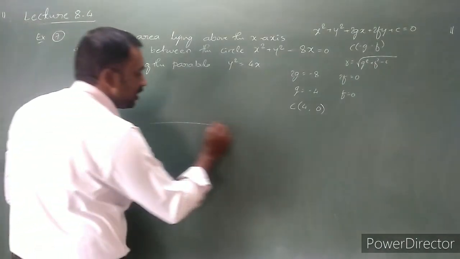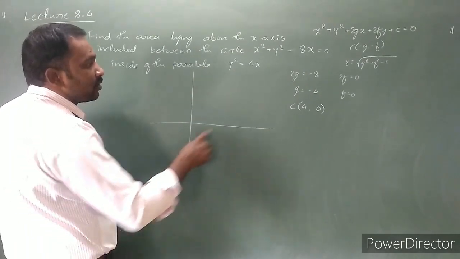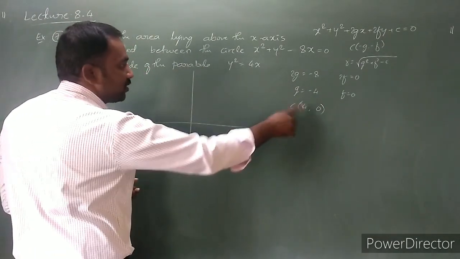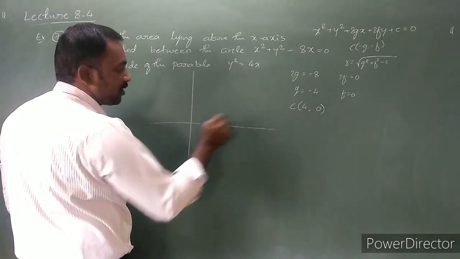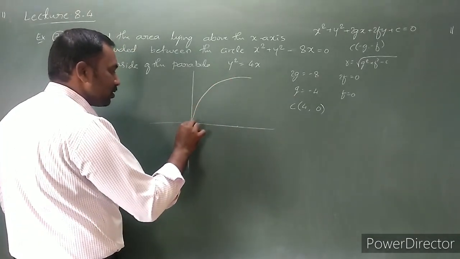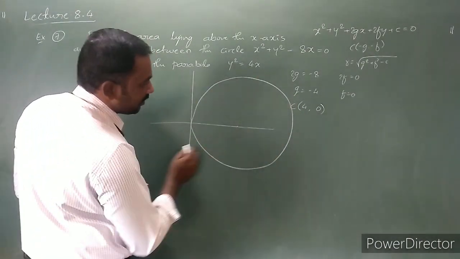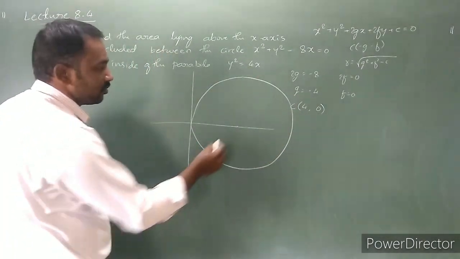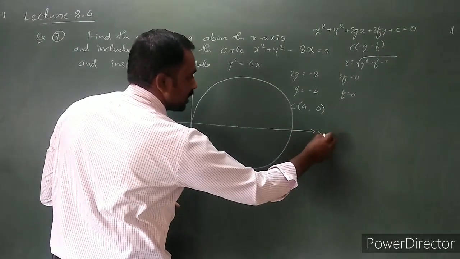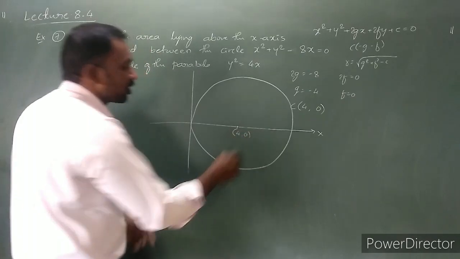So the center of the circle lies on the x-axis, having the coordinates 4 comma 0. Suppose this is the circle, with its center on the x-axis at 4 comma 0.